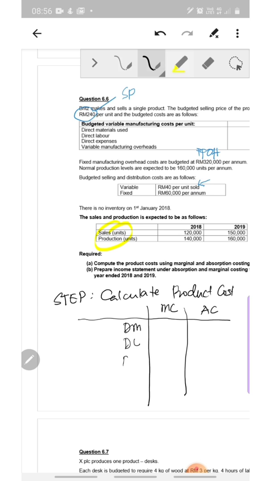DM, DL, DE, VPOH, FPOH. That is direct material, direct labor, direct expenses, variable production overhead, fixed production overhead.